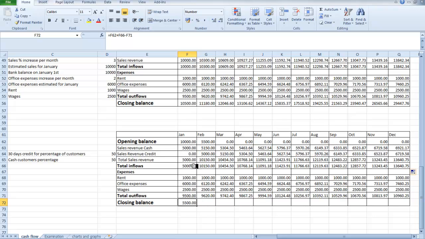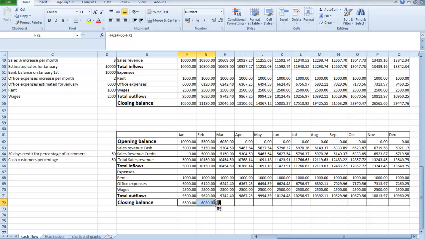So we have an opening balance of 10,000 at the start, and a closing balance of 5,500, because of course what's happening is that we are collecting the credit revenue during the following month. So the bank balance is down.